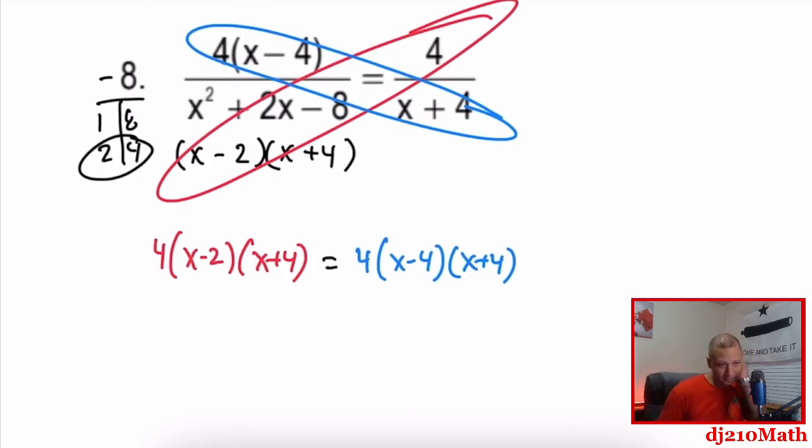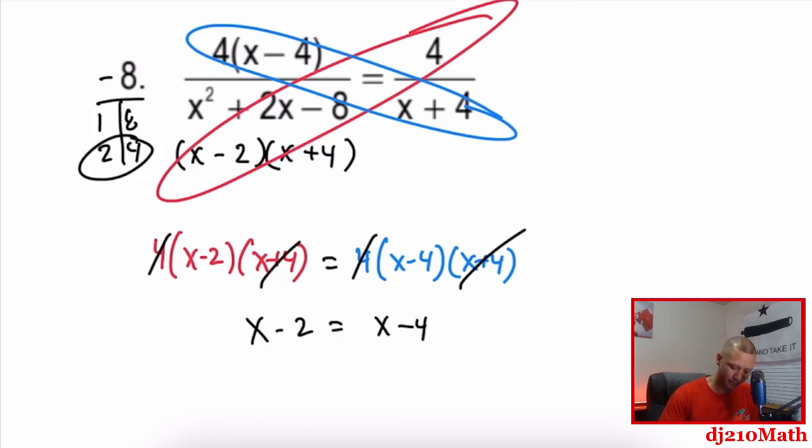And I want to just start canceling things out. Right? Both sides have a 4. Both sides have an x plus 4. And really all that's left is x minus 2, x plus 2, or x minus 2, x minus 4.